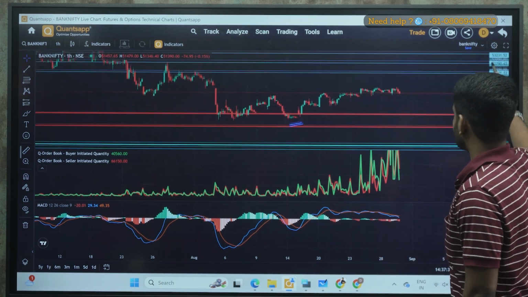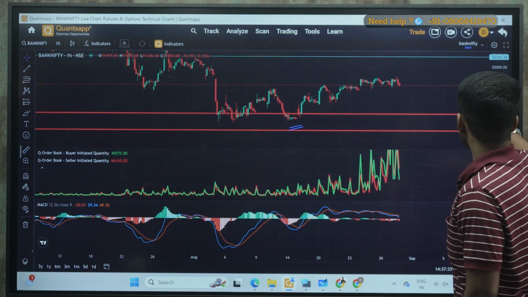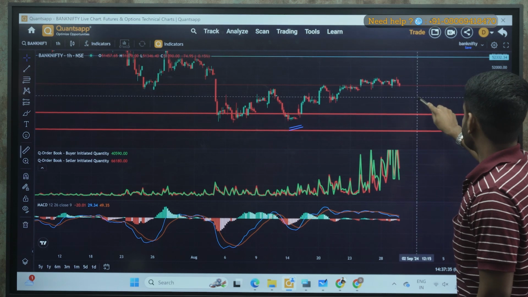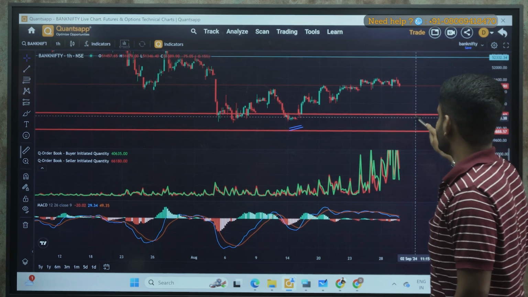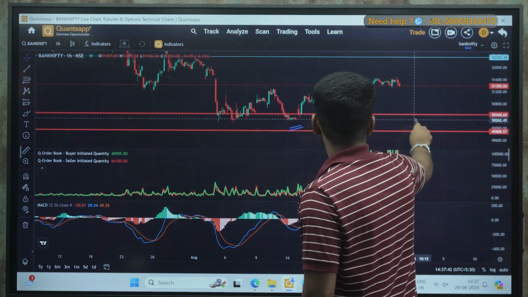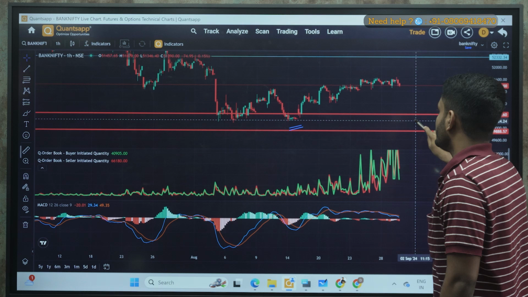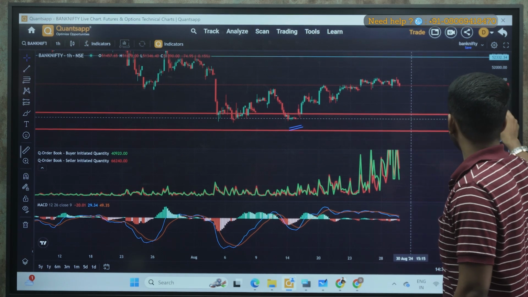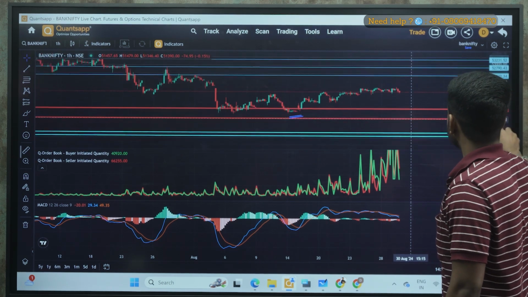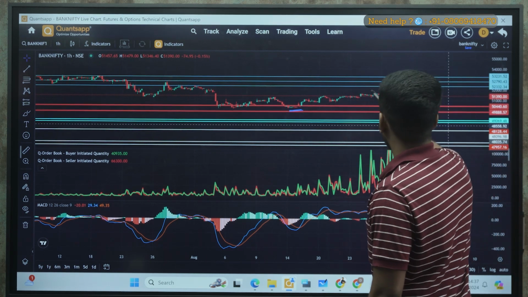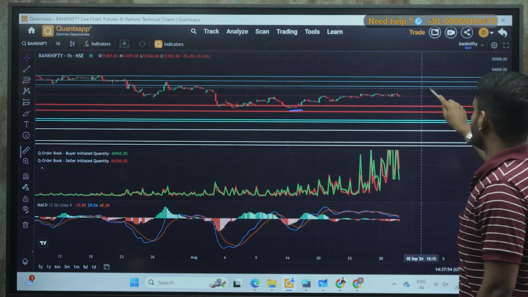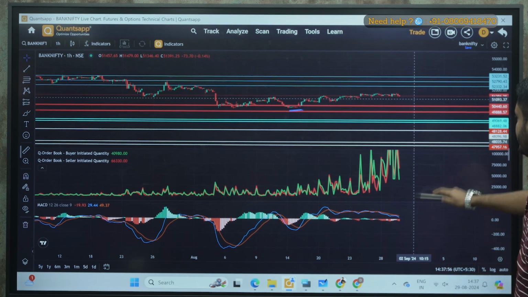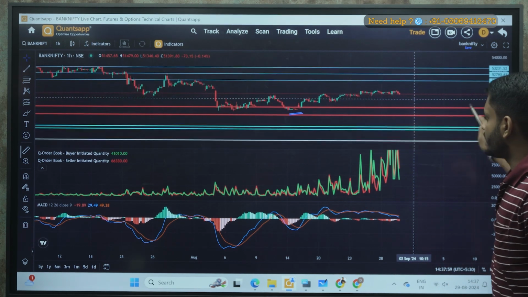As per the data, 51,000, and then we can see an immediate support somewhere around 50,000 or say 50,200 levels. We can see a decent support in Bank Nifty, and on the higher end, the resistance is somewhere around 52,000. So what the data was indicating is somewhat similar.